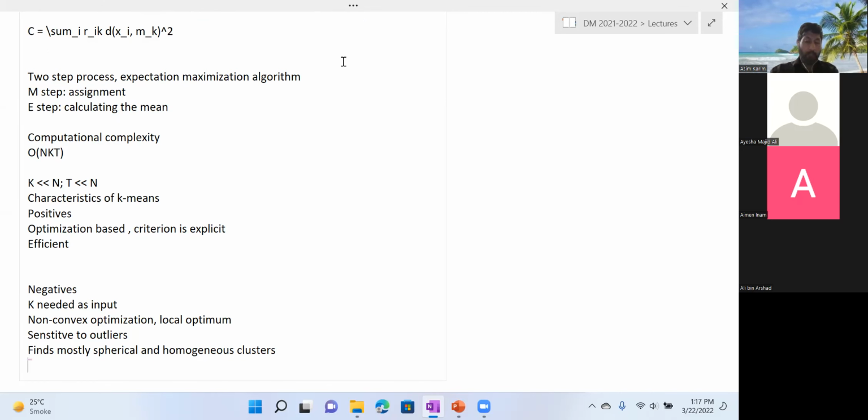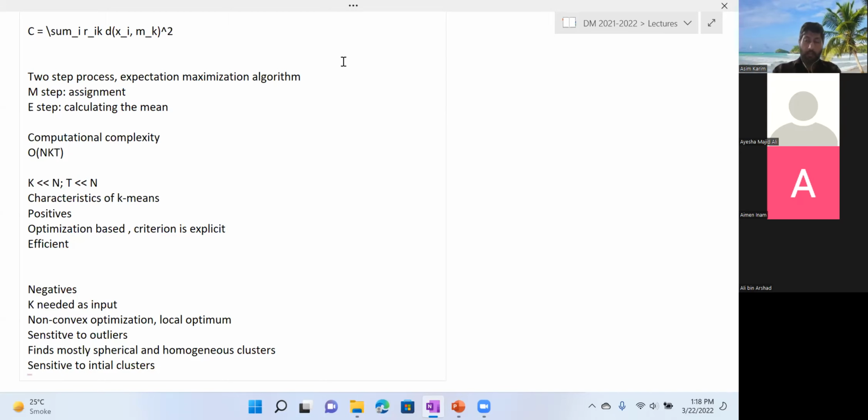And finally, there might be others as well. It is sensitive to initial clusters. So remember, when we started the k-means algorithm, we had to select some initial means or initial clusters. So the algorithm in general is sensitive to that. So if you want to find better clustering, you'll have to start with multiple initial clusterings.